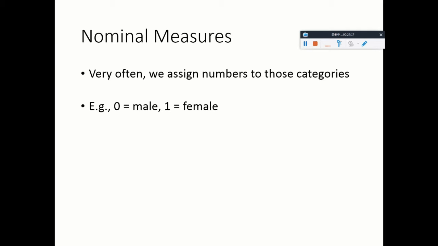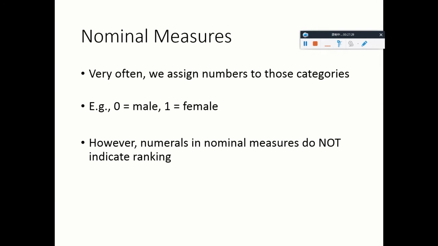For example, we use 1 to represent that you are a UHM student and 0 to represent that you're not a UHM student, right, etc.